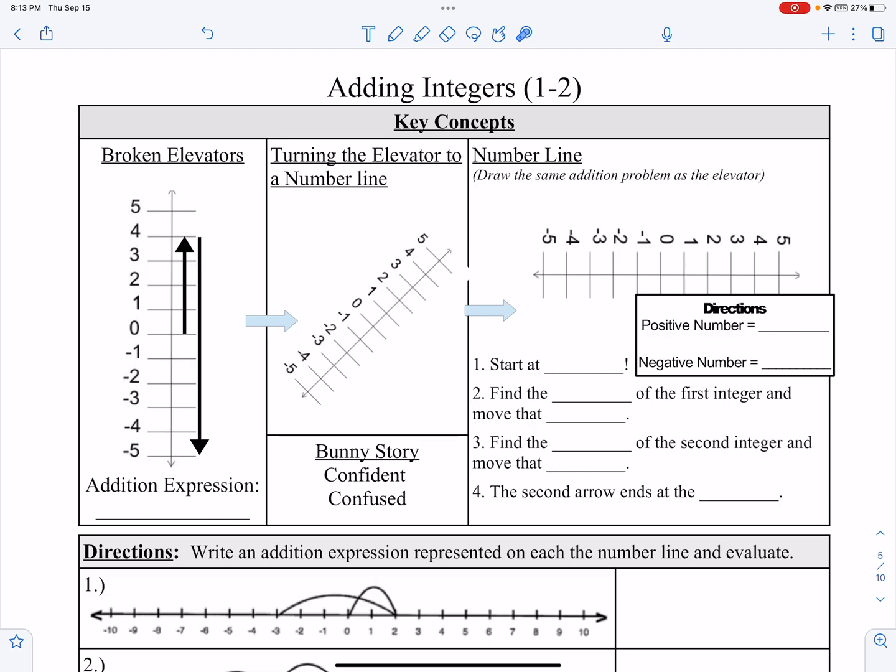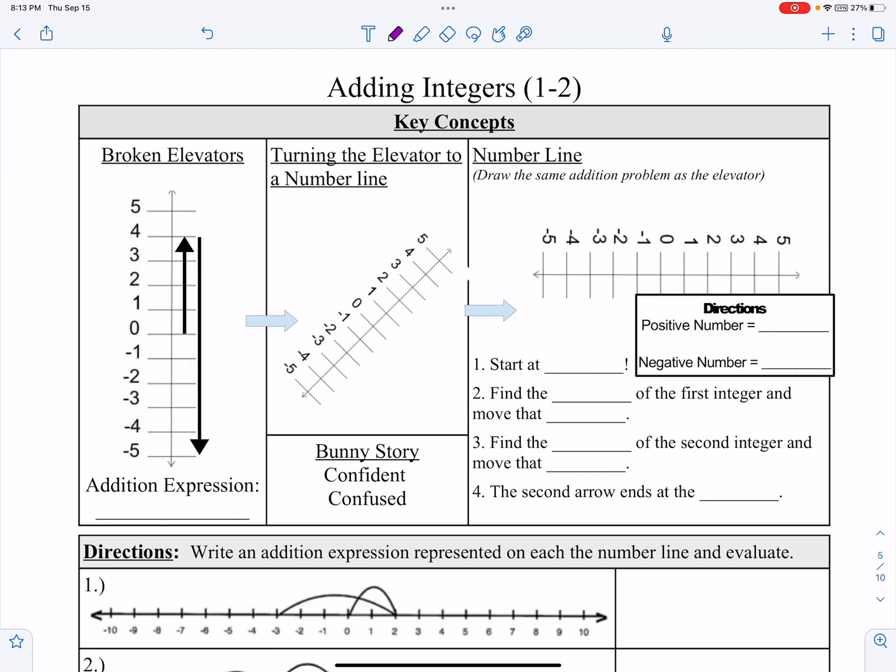And an elevator in a hotel, if you've been to one, typically always starts at floor 0 or that lobby. So that's what we want you to think about, that we're always starting at this 0 point right here when we are representing the adding of integers on a number line.